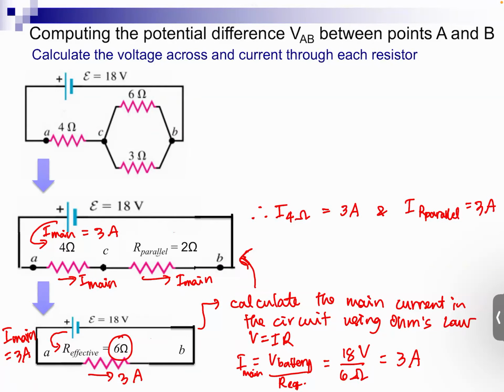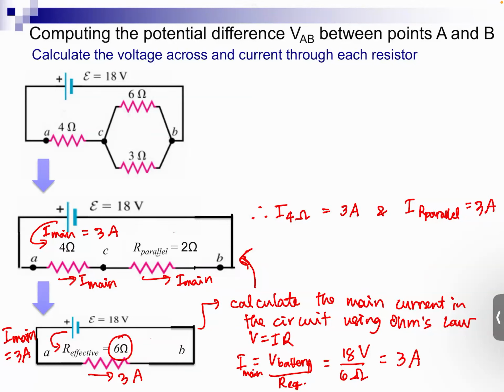Good. Does that make sense? Right. Okay, so just working on this circuit here, we've now determined that the current through the 4 ohm resistor is 3 amps, and the current through the R parallel resistor is 3 amps.